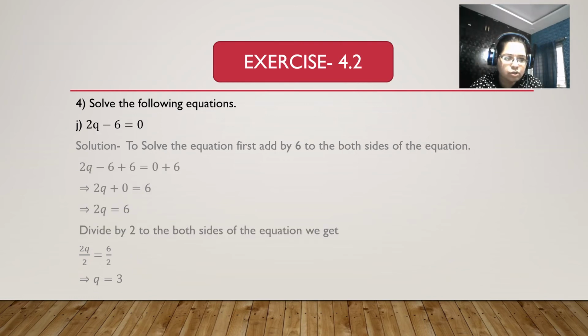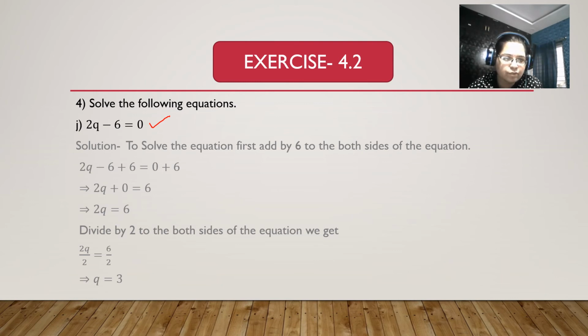Now we will solve question number J. 2q minus 6 equals 0. This is the equation given, and we have to solve for the variable q. To solve the equation, we add 6 to both sides. As minus 6 is negative, we add positive 6 to both sides.